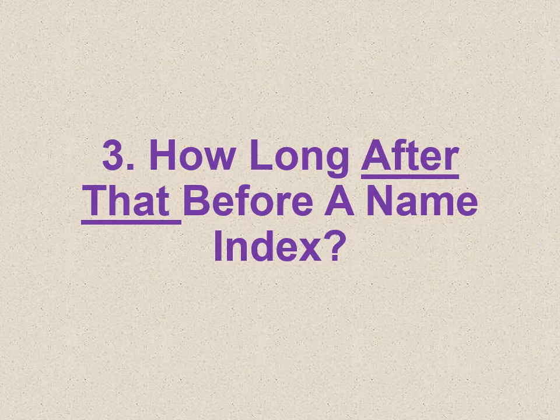So another question then is, how long after the 1950 census becomes public will there be a name index? So far, and I'm giving this video in January of 2021, I haven't seen any chit-chat online about plans to do a name index. Certainly after a census is released, commercial companies will produce name indexes.